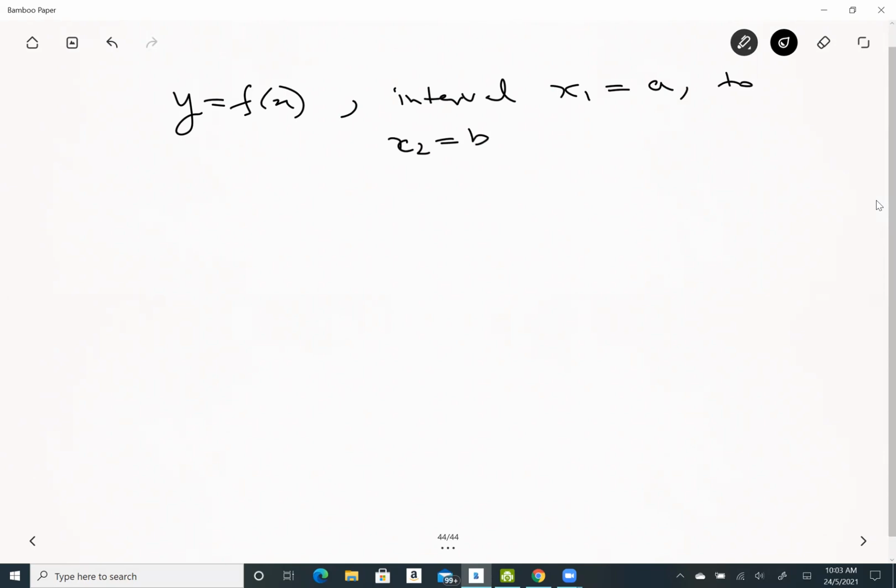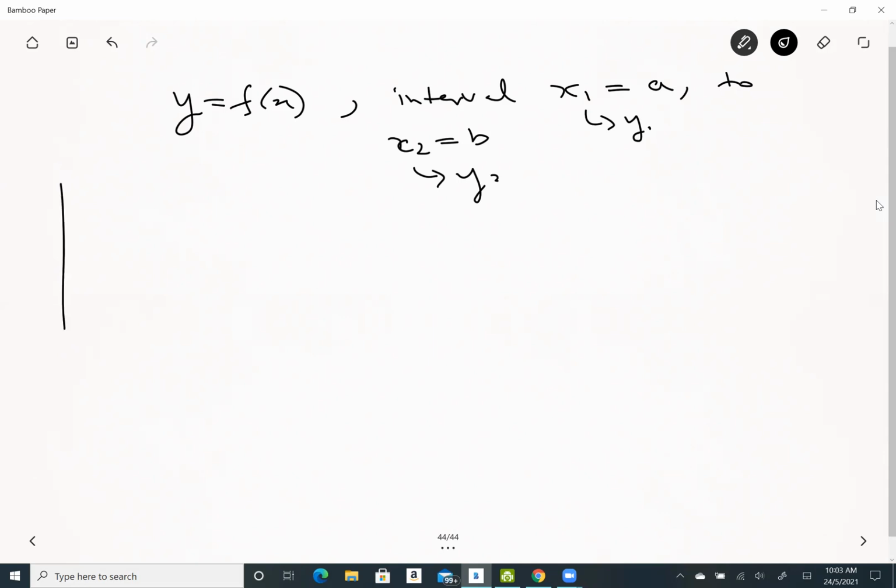Graphically, we are looking at a function y equal to f of x, and the interval x1 equal to a to x2 equal to b. Of course, for x1 you can find y1, and for x2 you can find y2, but we just look at the value of x.